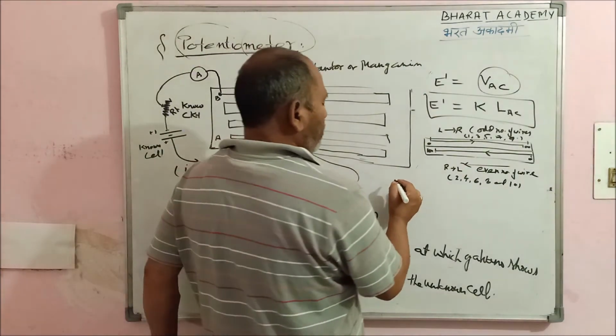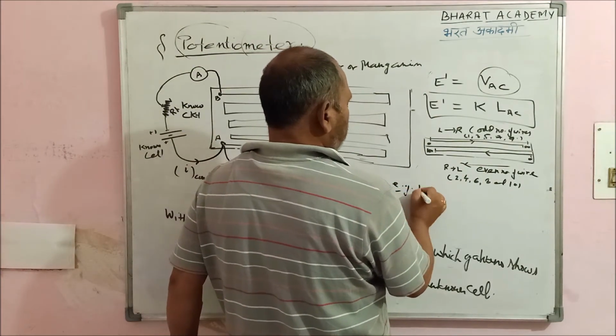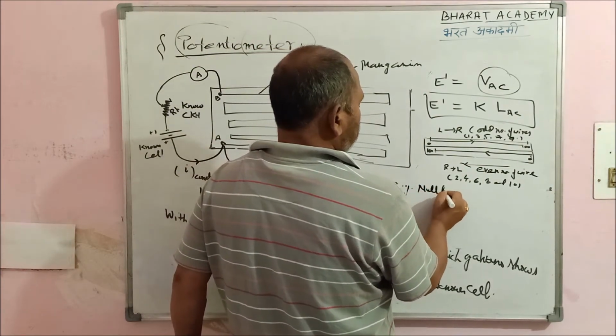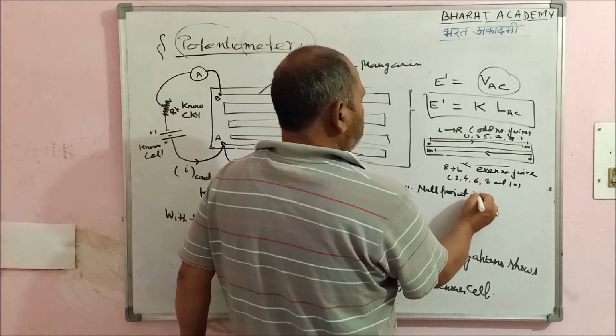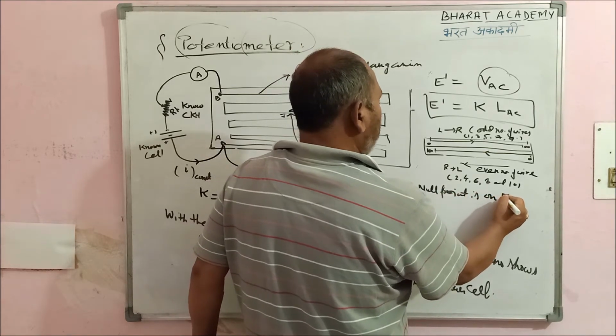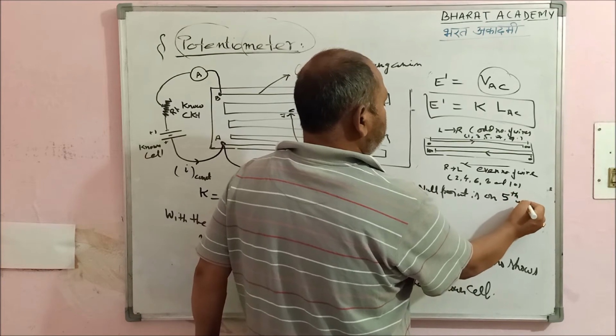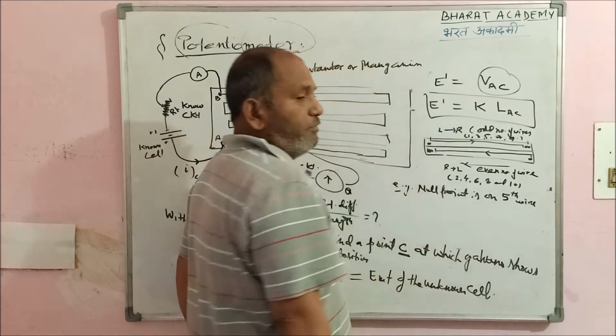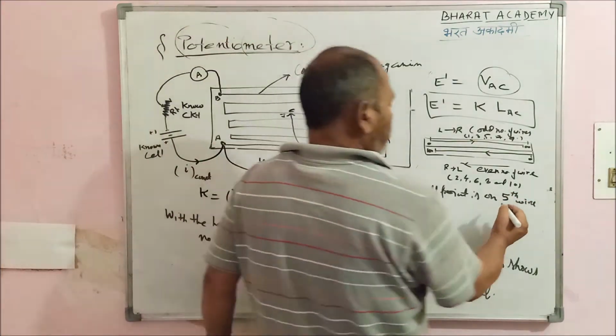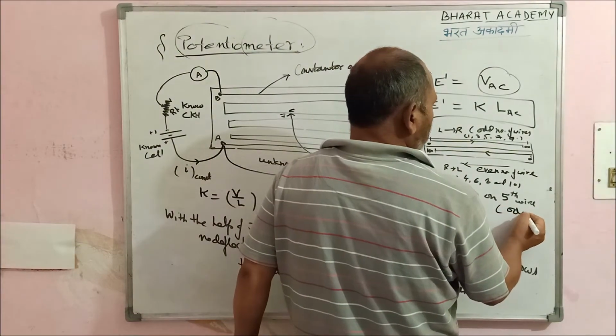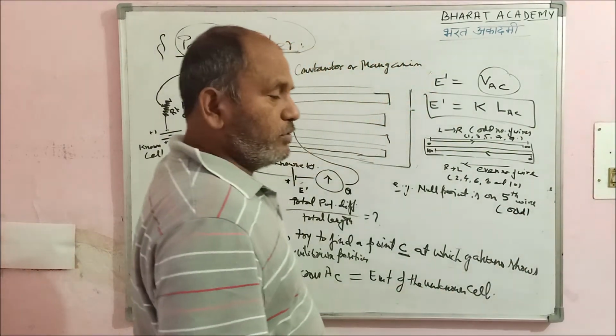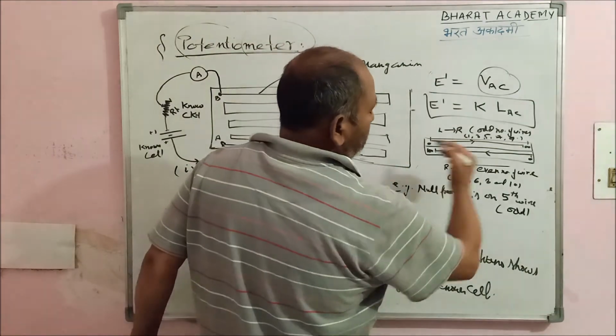Right? Suppose my null point is on the 5th wire. What is 5? It is odd. So I will read from left to right.